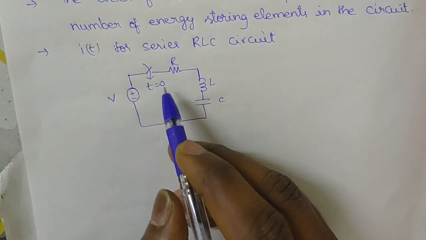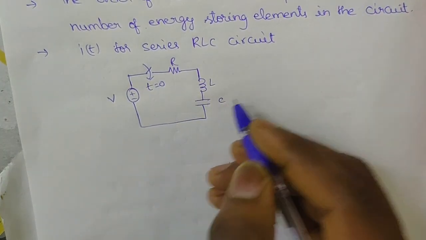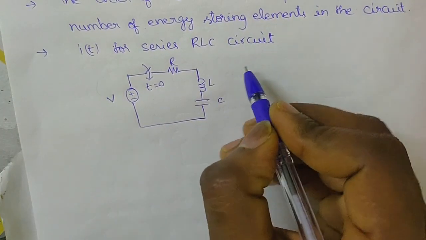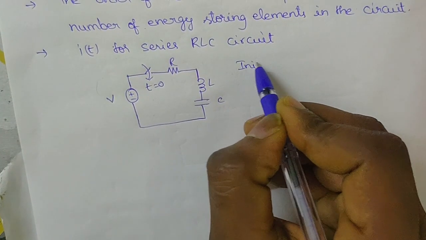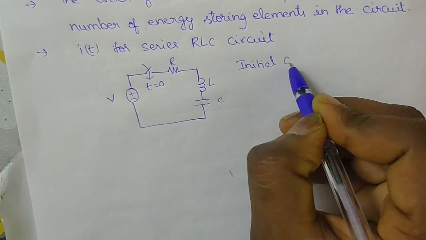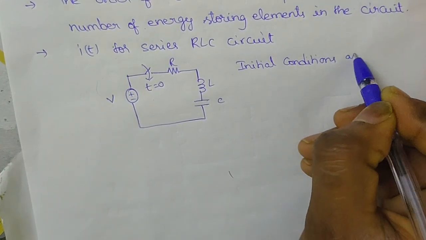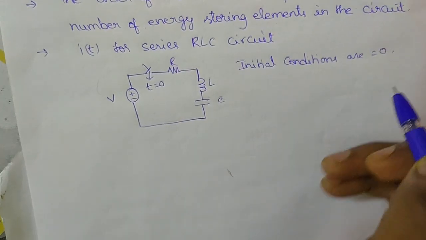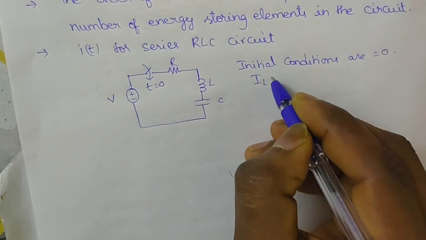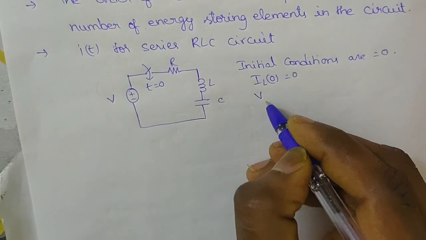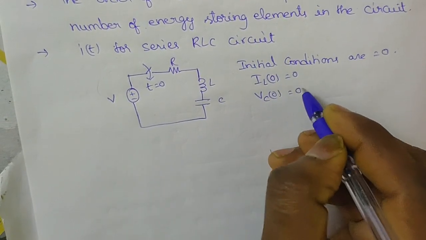At t equal to 0, the switch closes. Before that, all initial conditions are 0. That means the inductor initial current IL will be 0, and the capacitor initial voltage will be 0 volts.